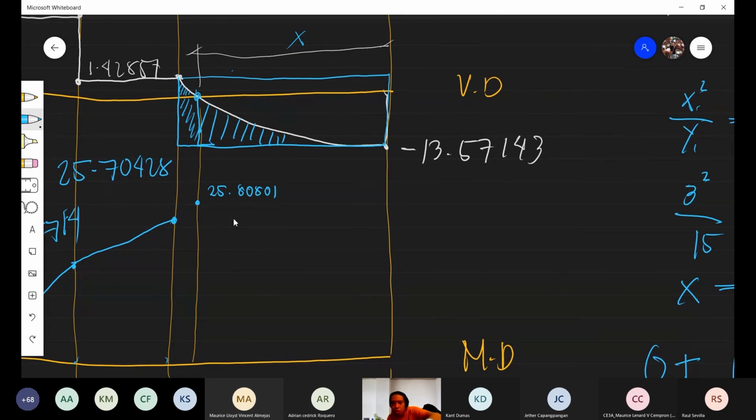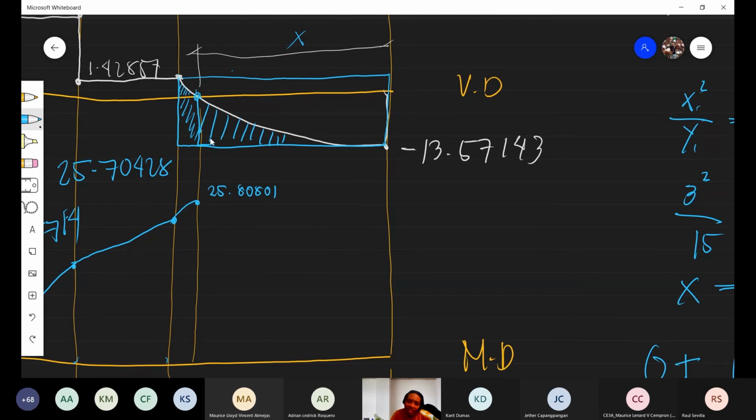Concave downward, right? From 1.42857 to 0, so downward. Yes, that's it.